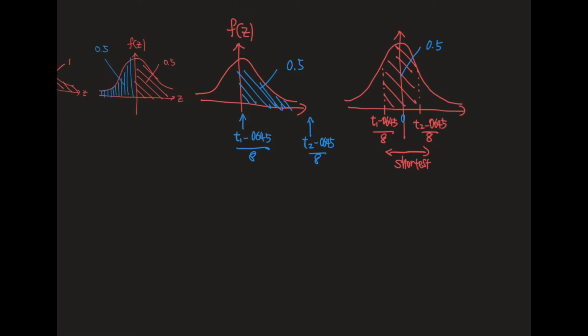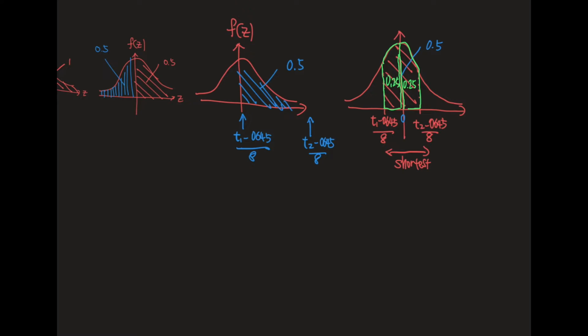We can also say that in order to have the shortest interval, the area over here should be 0.25. The area over here should be 0.25 as well, which is half of 0.5.